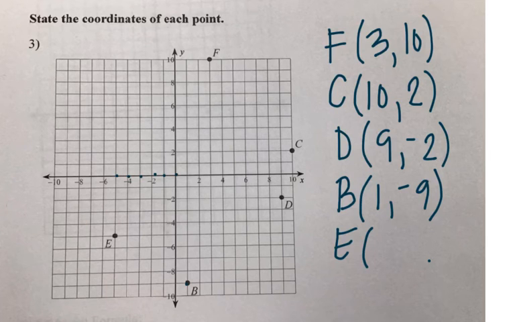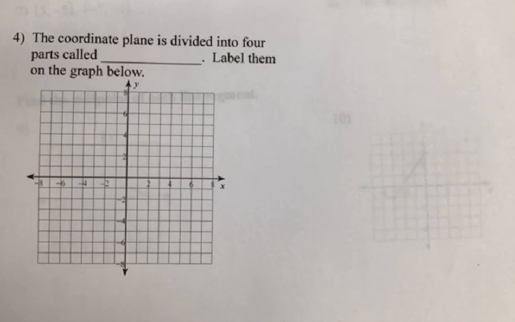So we go left -5 because we've gone to the left 5 units until we're even with it. Once we do that, then we are going to go down -5 as well. So our ordered pair for point E is -5, -5. So this was stating the coordinates of each point.